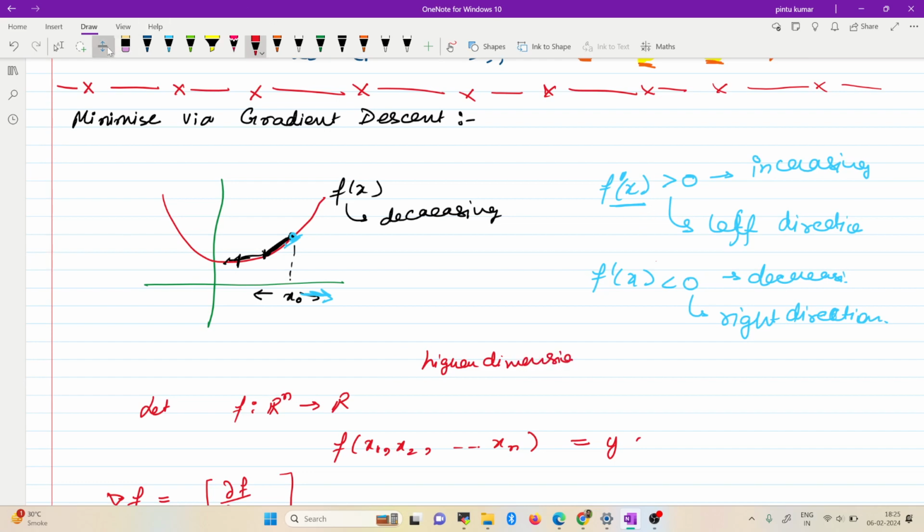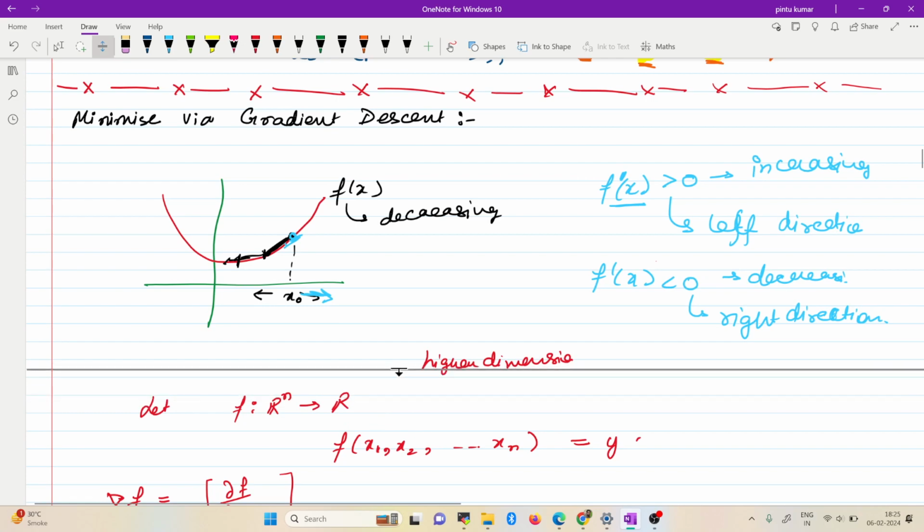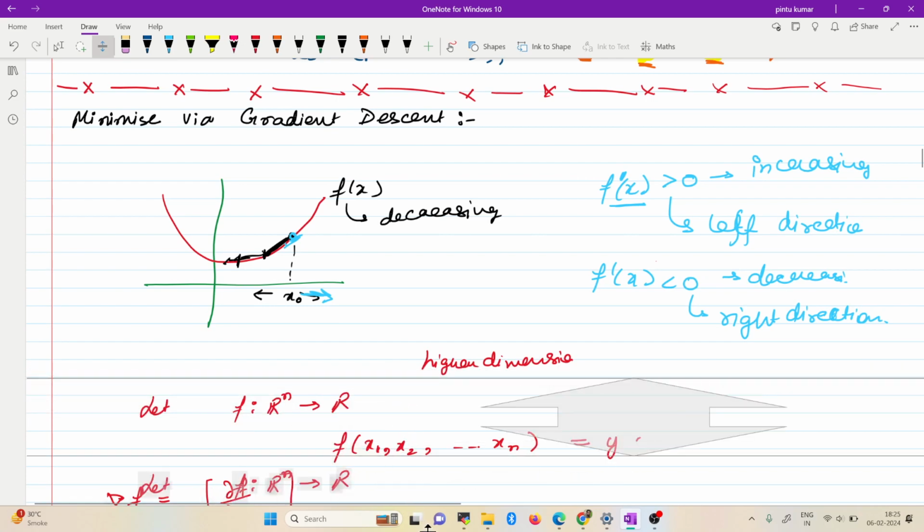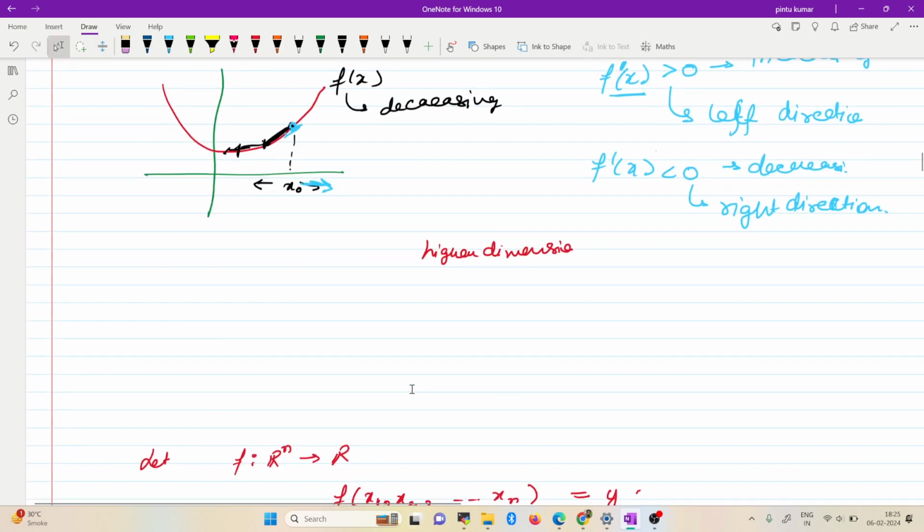Also, if we have a real number line and you are standing at some point, let's say x naught, then you have only two possible directions to move from here: either towards the right or towards the left.